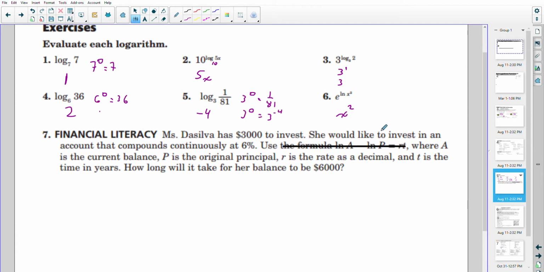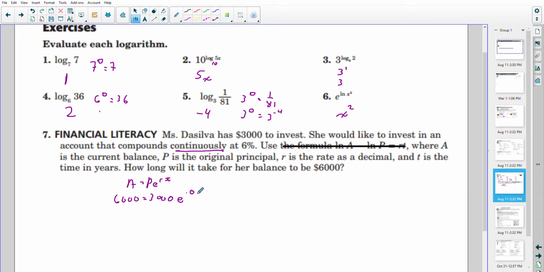Here is a story problem, and you're looking for the keyword, which is compounding continuously. So that's A is equal to P e to the rt, and your 3,000 is the initial, 6,000 is the finishing. So that's going to say that you're basically doubling your money.